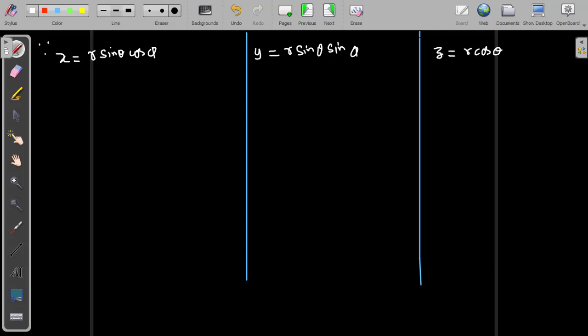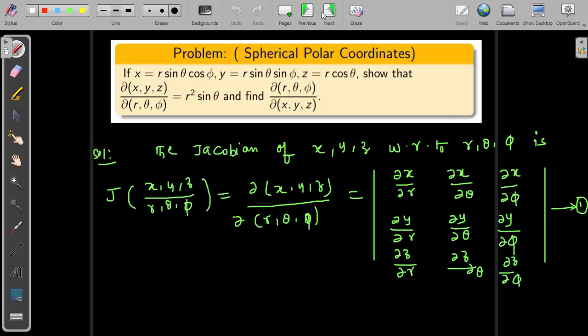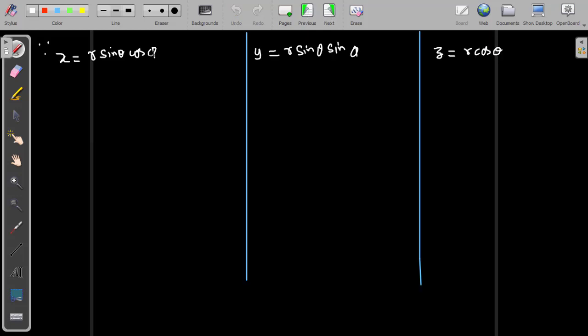Check properly whether it is theta or phi, that is very important; z is in terms of theta. The third angle is phi, the second angle is theta, and r is the radius.